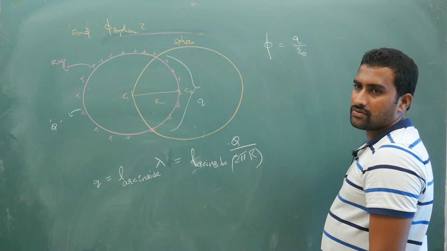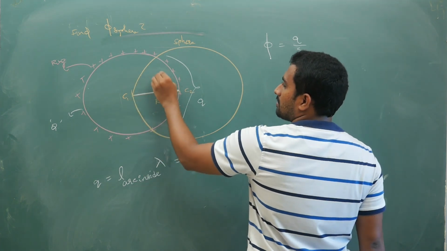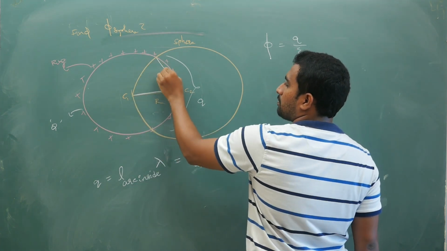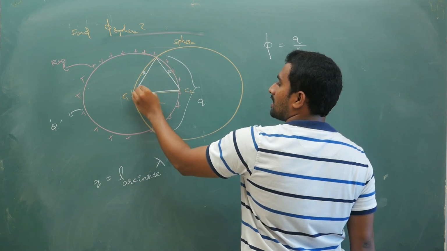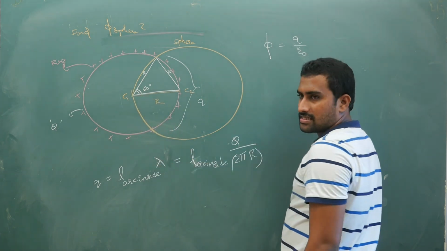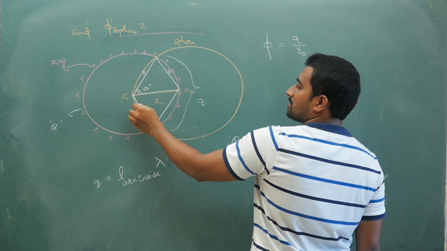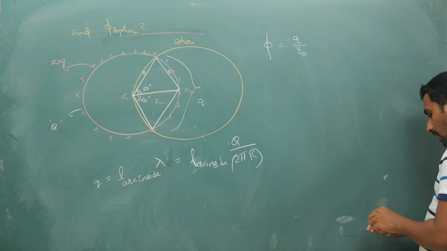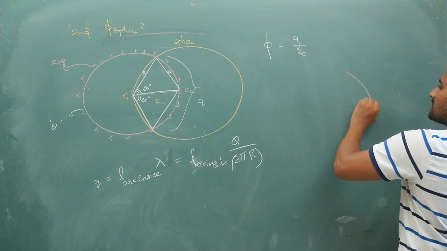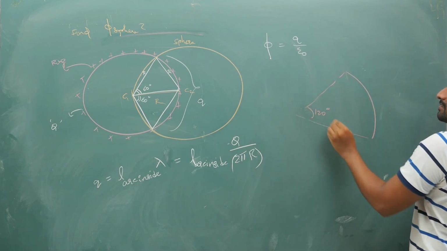It is easy if you think a little. This is R, join this, this part is R, this part is R. So that means this angle is going to be 60 degrees, an equilateral triangle. Totally, the charge present here is forming 120 degrees.